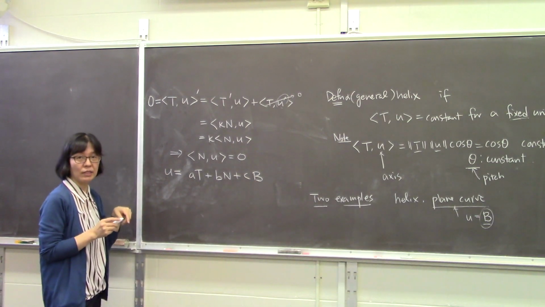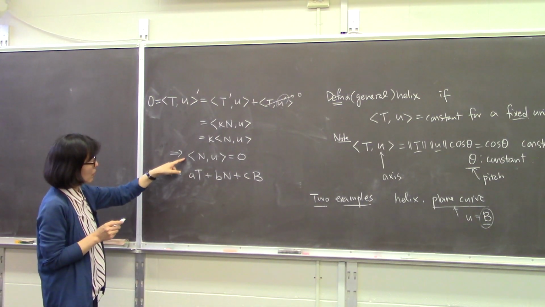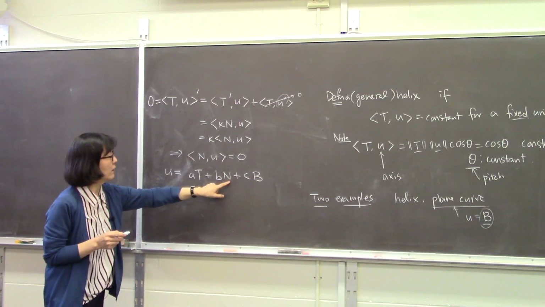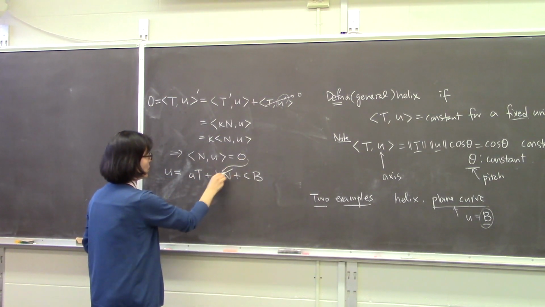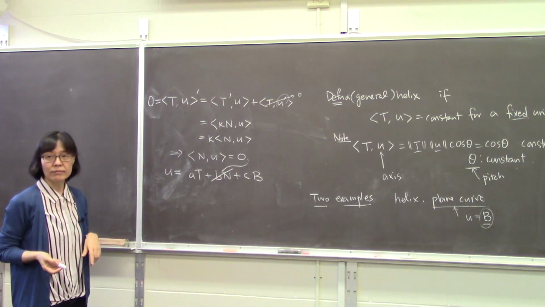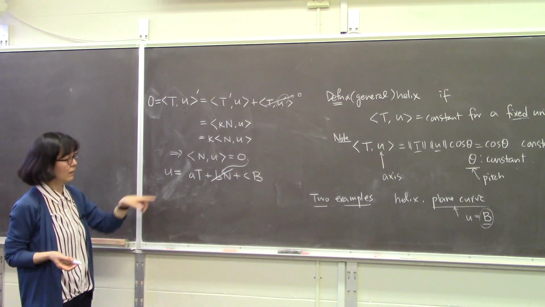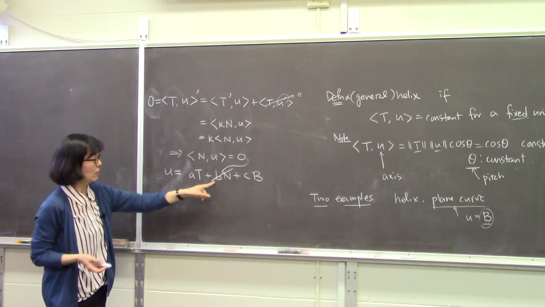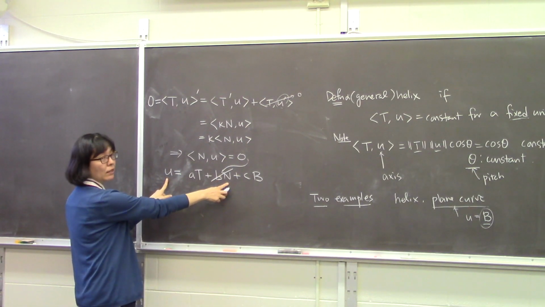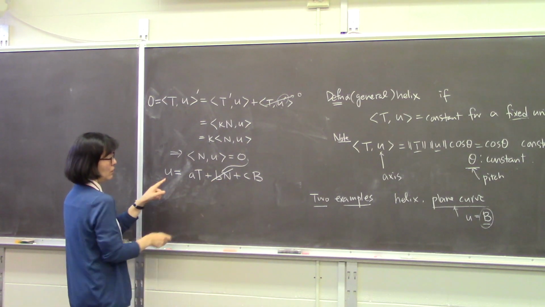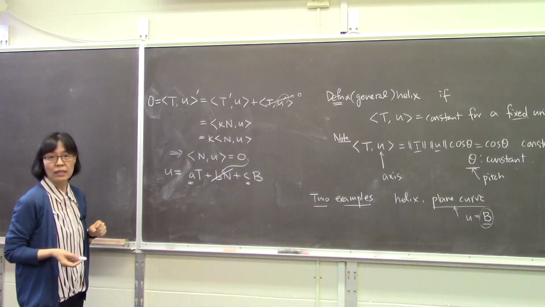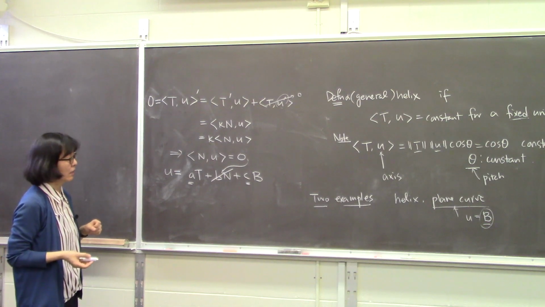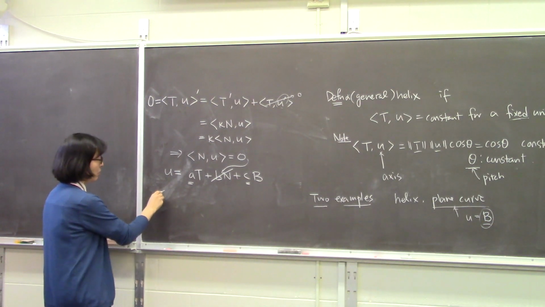Okay. So we just found that the product of n and u is 0. So this tells us b is 0. Right? We figured out the b value, the dot product of u and n. Okay, that is 0. Then let's figure out this a and c. So what is a?